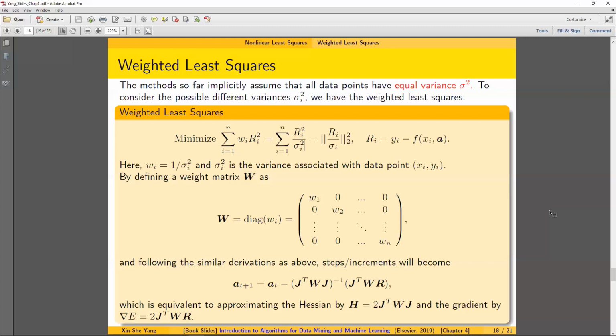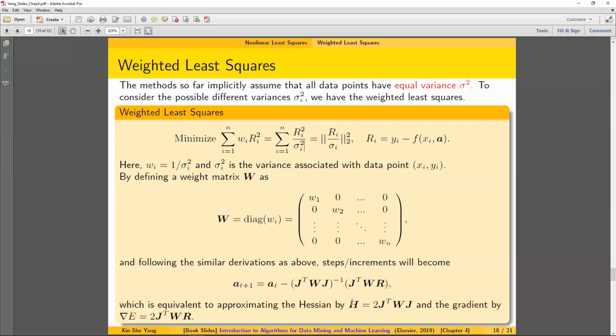So by defining a weight matrix W as the diagonal of all these W_i, and following a similar derivation as in the steps above, the increment becomes a new expression that tells how to update A(t+1) from A(t) based on the Jacobian matrix and the weight matrix.